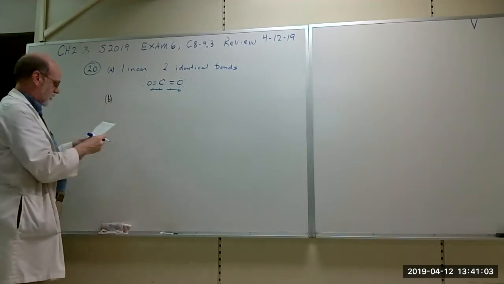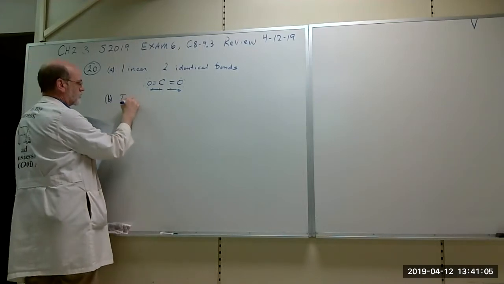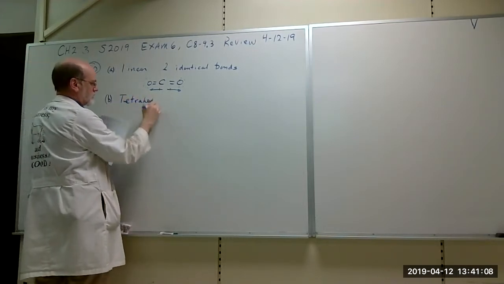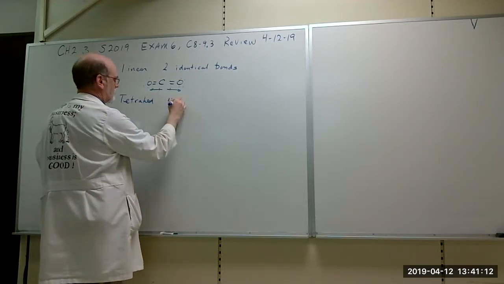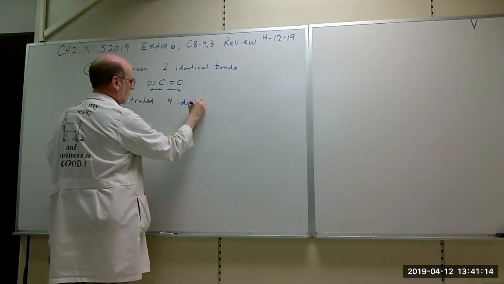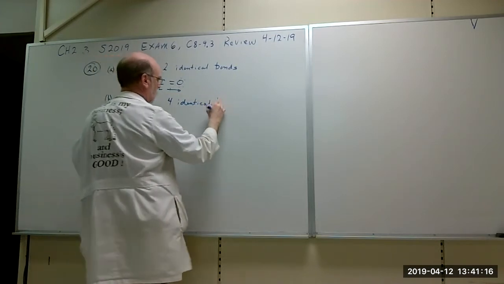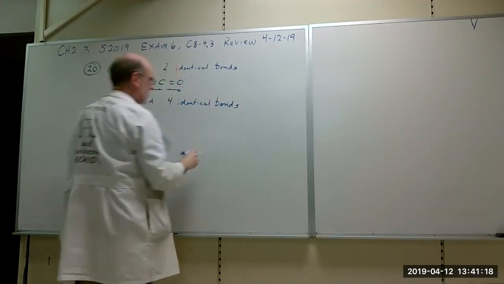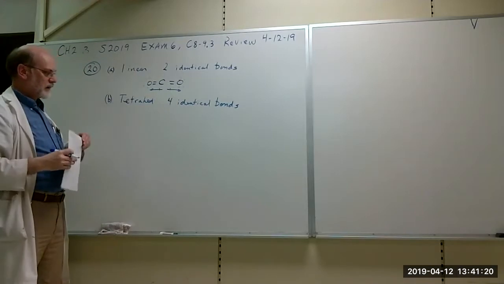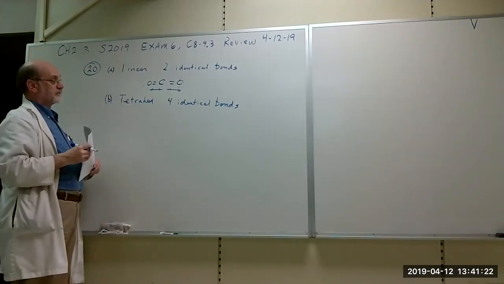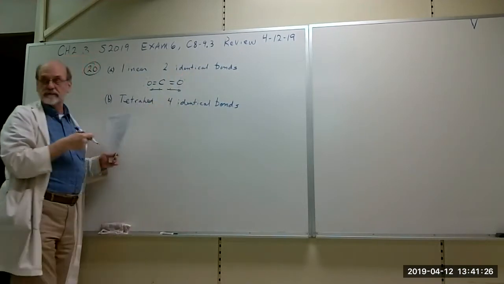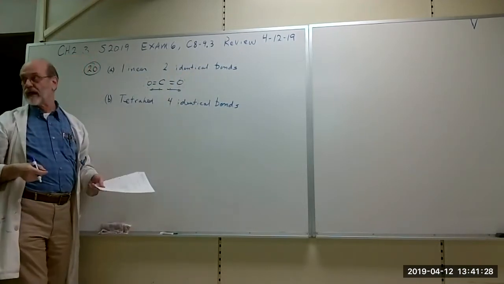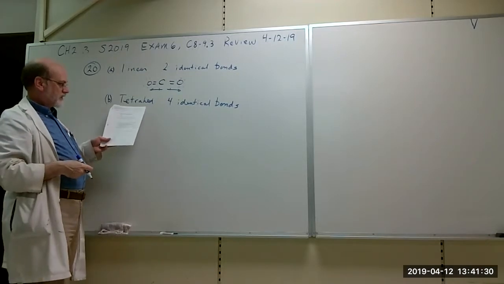How about B? A tetrahedral molecule. 4 identical bonds. For the same reason, these bonds don't have to be polar, but if they are polar, they're still going to cancel out. Same for here.